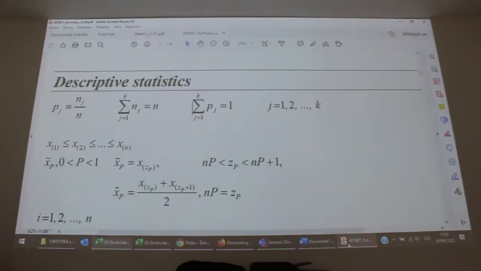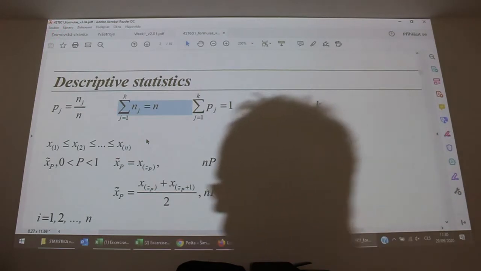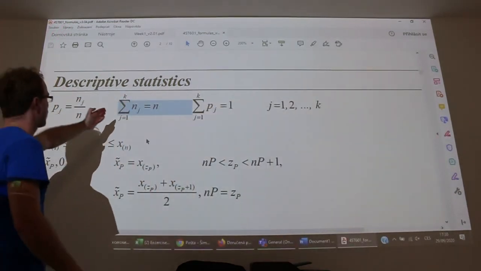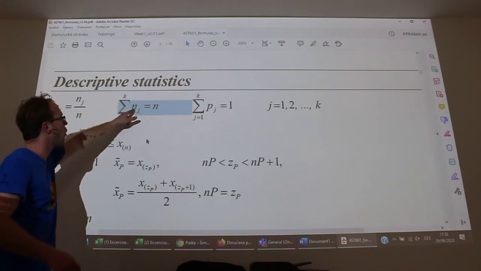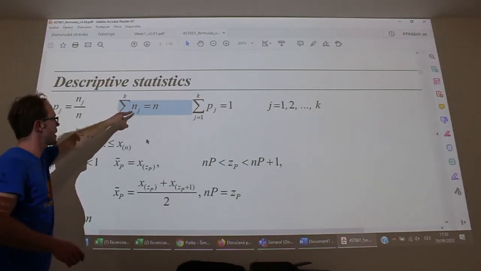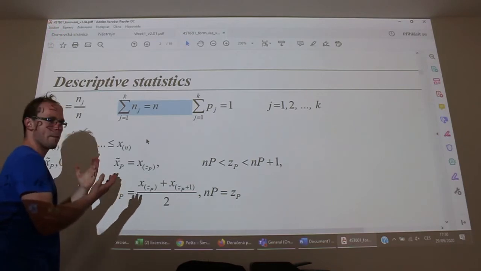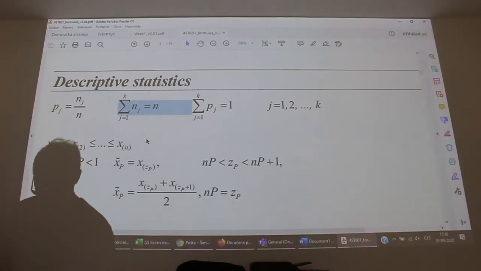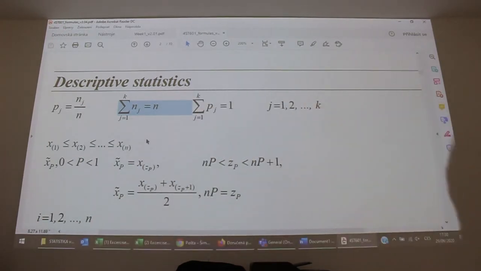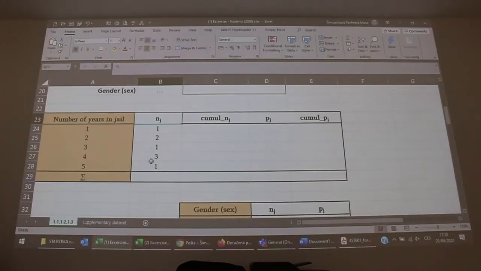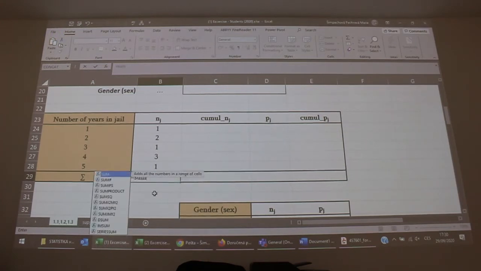If you check your formulas, which Mr. Hellman sent to you, you can check this formula where it is written that the summation of all absolute frequencies Nj is equal to sample size N. So we can try to calculate the summation. In this Microsoft Excel you can write equal sign, sum. You can see a message that the sum function adds all the numbers in a range of cells.